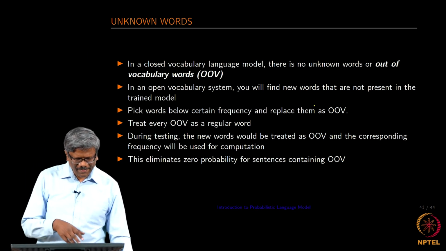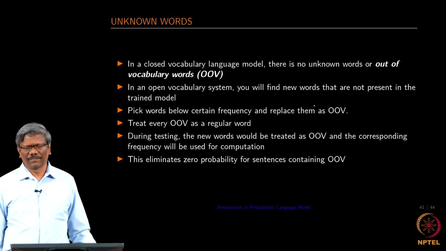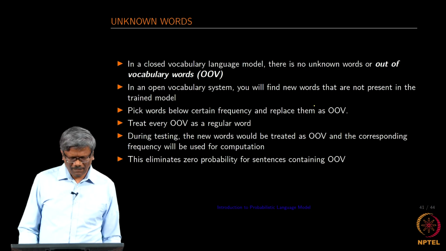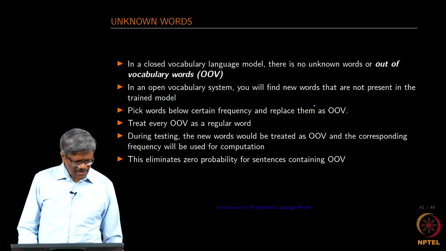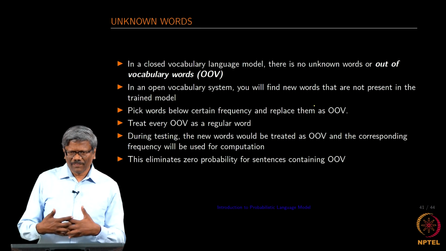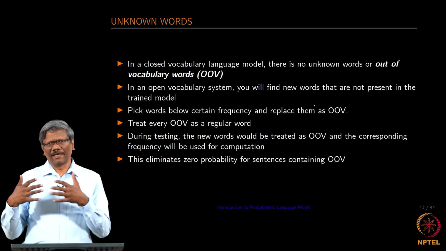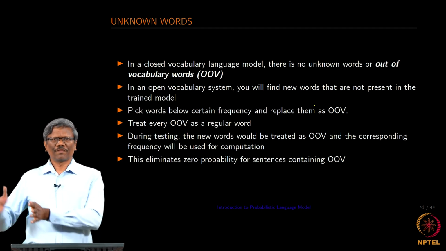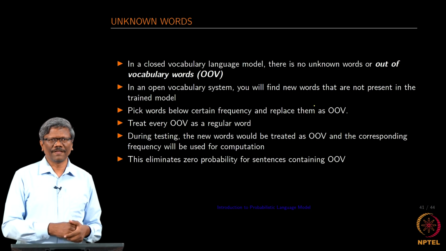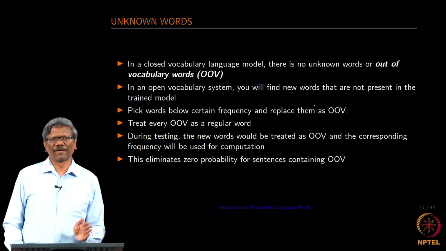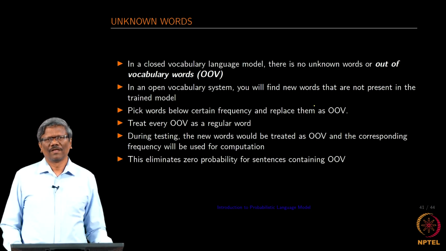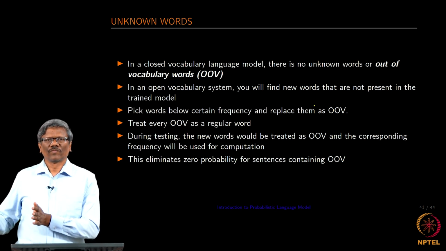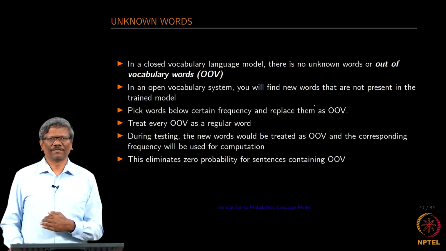Okay. So, we treat each and every word in the out of vocabulary as a regular word. During the model building, since we have labeled certain words with a frequency as OOV, those frequencies would be available as part of the model, right. So, we would have built the model with those out of vocabulary words, and the corresponding probability is available for every out of vocabulary word.